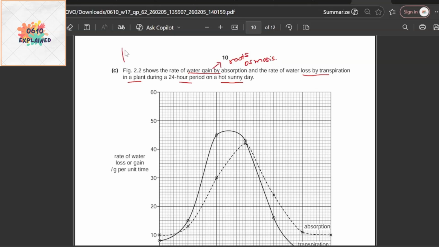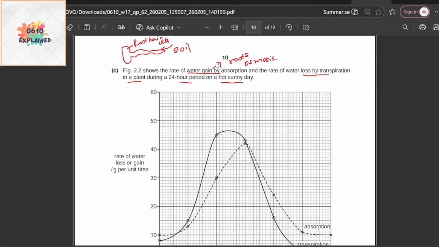We have the root hair cell, which is adapted for its function of absorption of water. It has a large surface area for absorption of water, and water travels down the water potential gradient from the soil into the root hair cell.